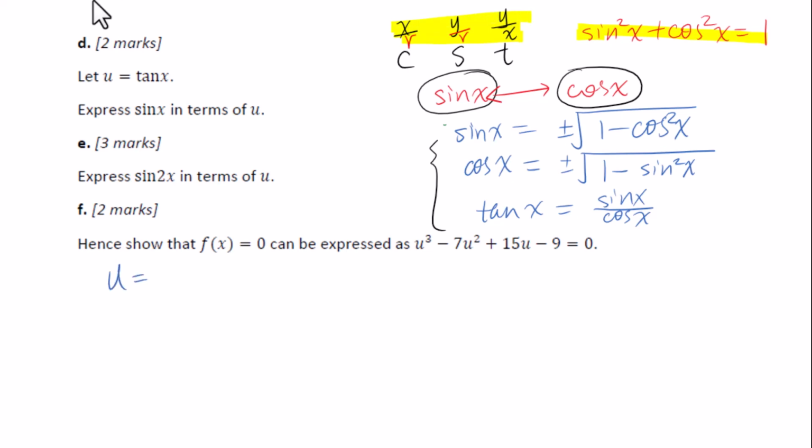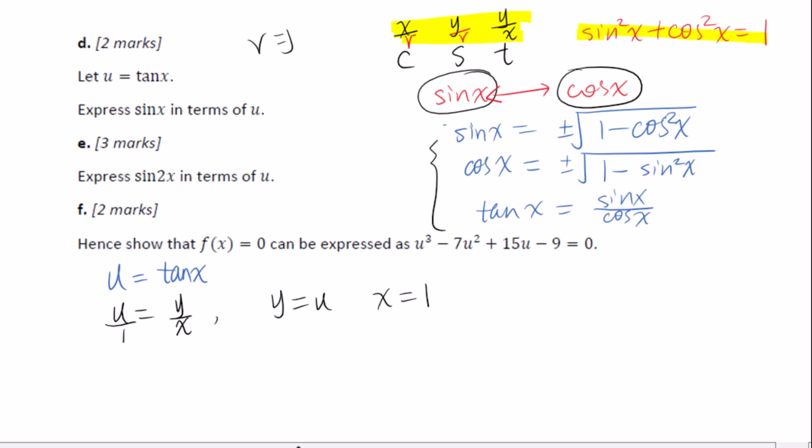Since u equals tangent x, in other words, I can write u equals y over x. So y equals u, x equals 1. R equals the square root of x squared plus y squared, so R equals the square root of u squared plus 1.